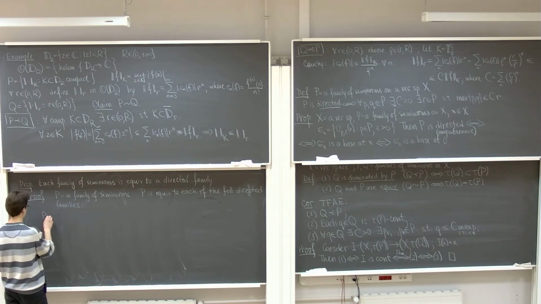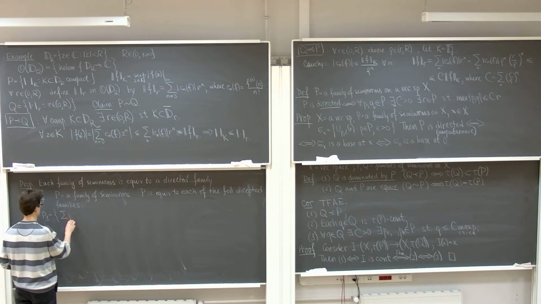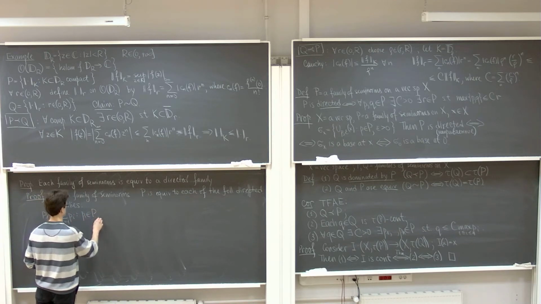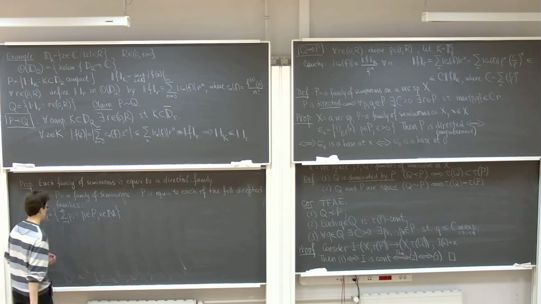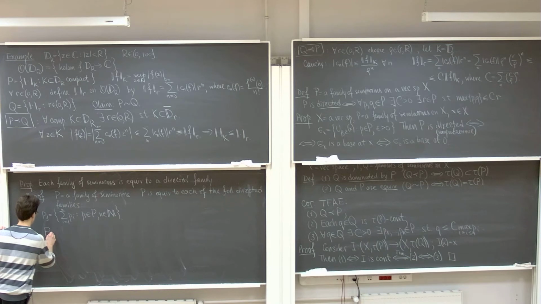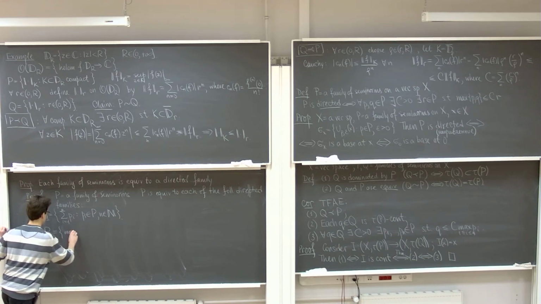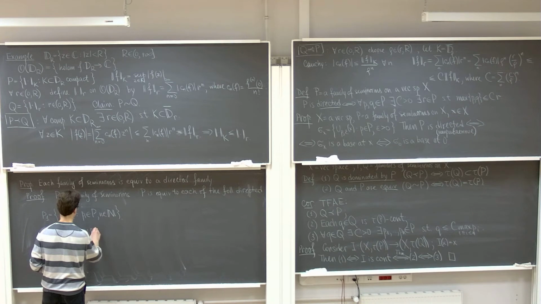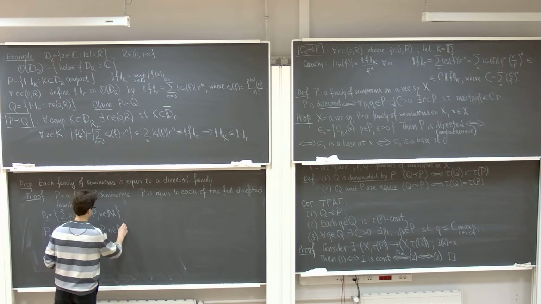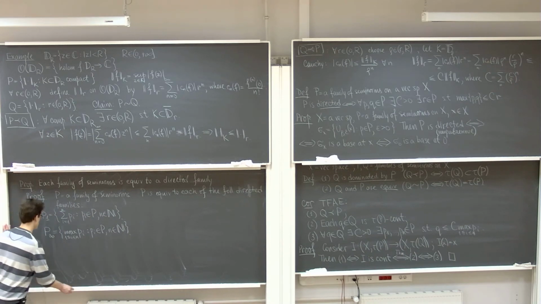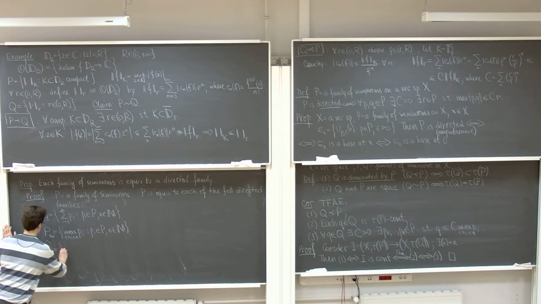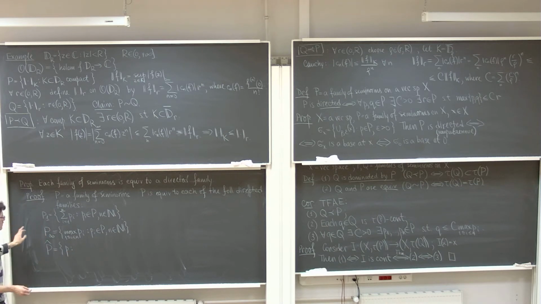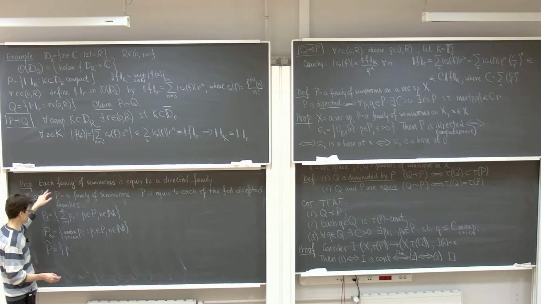For example, we can consider P1, which consists of all finite sums of seminorms from P. We can also consider P infinity, which consists of all finite maxima of seminorms from P. Another family, let's denote it by P hat, consists of all seminorms p which are continuous with respect to the topology generated by our initial family big P.